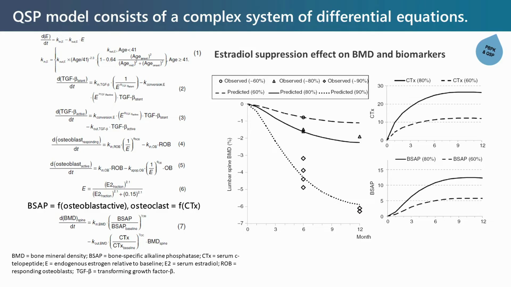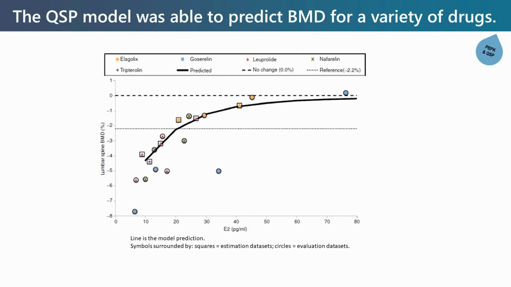The plot on the left shows that the model was able to capture the increased loss of bone mineral density at higher estrogen suppression levels. We also see here that the QSP model provided predictions of the relationship between estradiol concentrations and lumbar spine bone mineral density that were consistent with data from various GnRH agonist and antagonist drugs, which are represented by the different colored symbols.